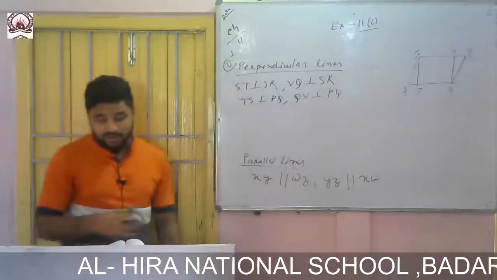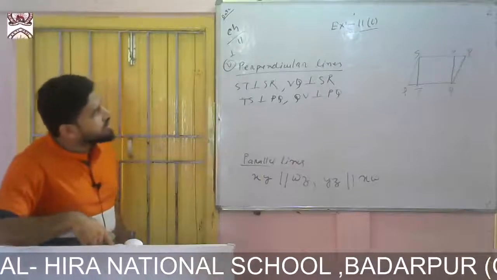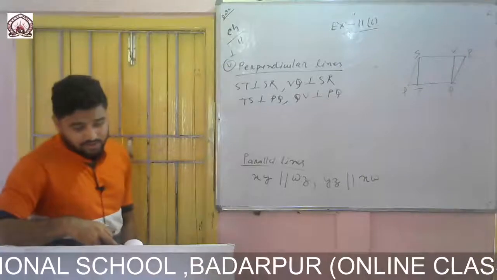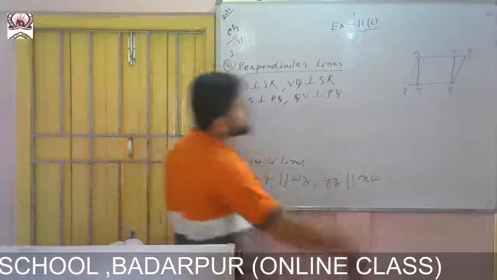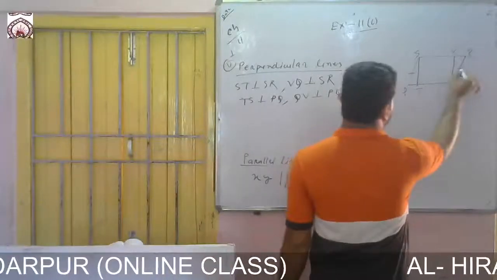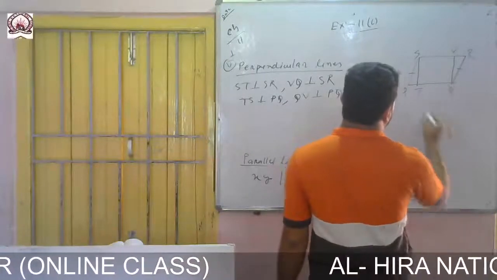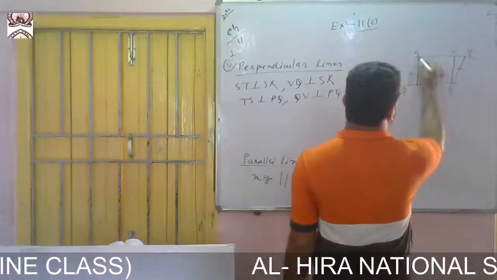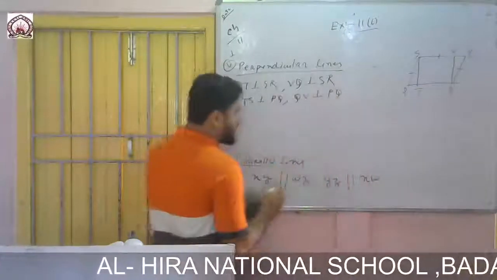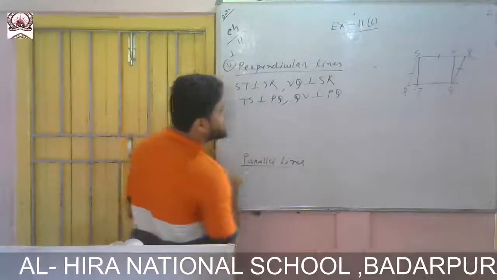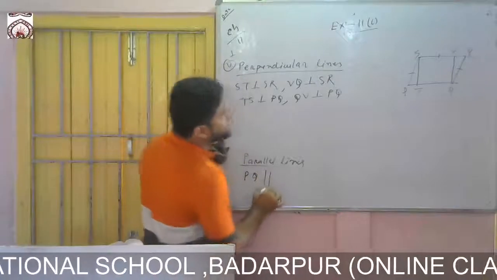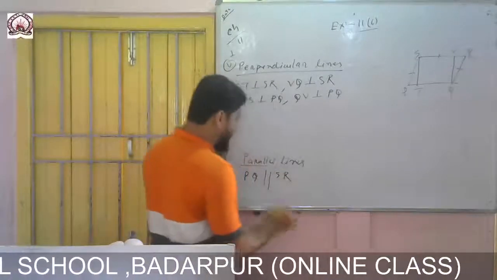Now you need to write the parallel lines. There are only two sets of parallel lines. This one is parallel to this one, and this line is parallel to this line. So I can write the parallel lines. First, PQ parallel to SR. One found.